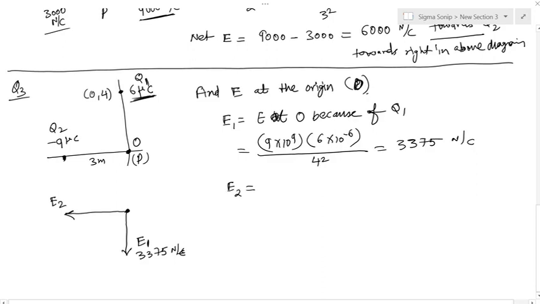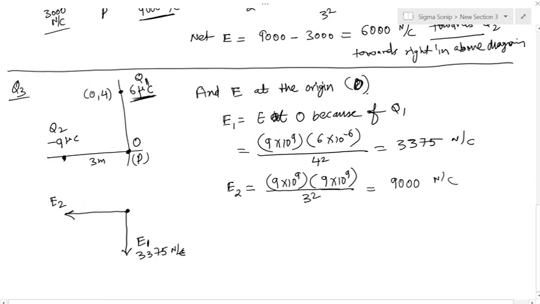We are talking about Q2 now, so I'll just use the formula KQ divided by D squared. K is 9 times 10 to the power 9. Remember, we just need to use the magnitude of the charge here, because positive or negative only gives you the direction. So KQ divided by D squared, which is 3 squared, gives me an electric field intensity of 9,000 Newton per Coulomb.